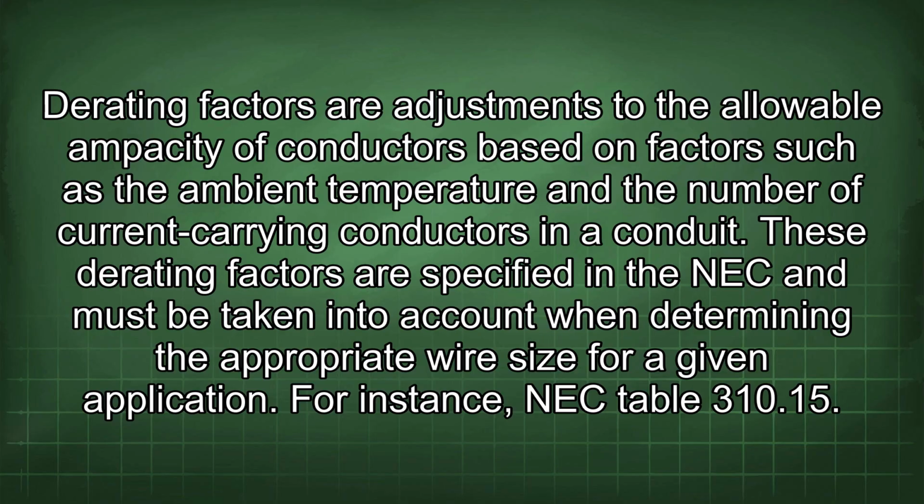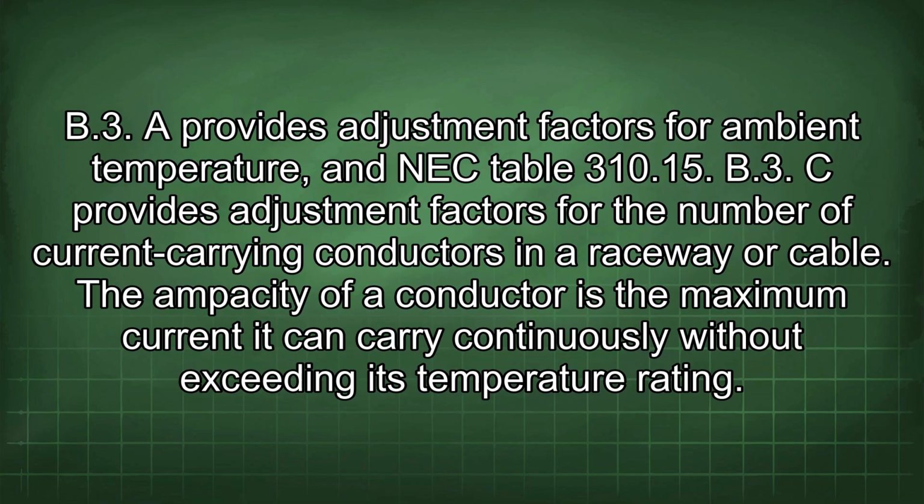For instance, NEC Table 310.15(B)(3) provides adjustment factors for ambient temperature, and NEC Table 310.15(B)(3)(c) provides adjustment factors for the number of current carrying conductors in a raceway or cable.